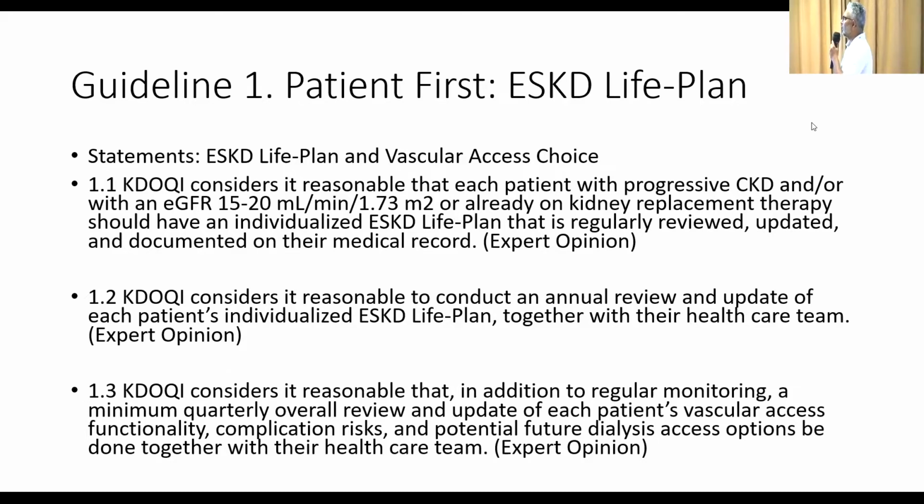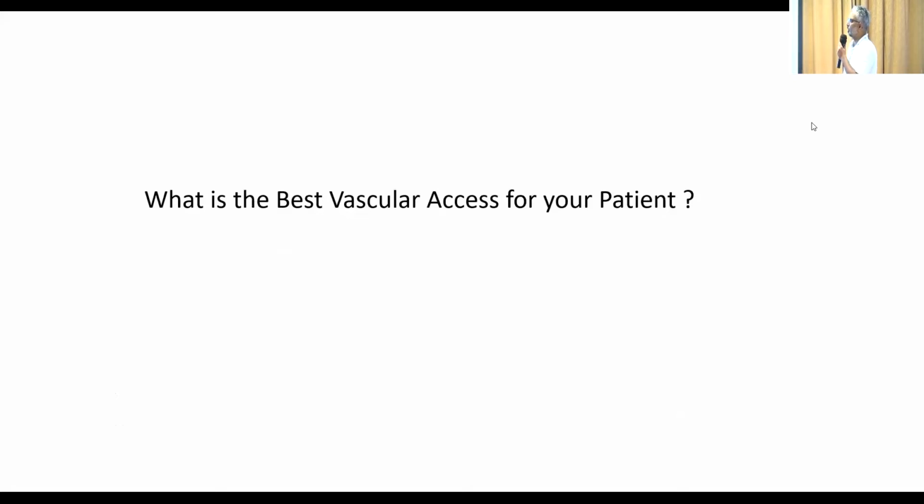And every time this vascular access plan should be reviewed with the patient and with the healthcare team. Dialysis is not done by one person. It's a multidisciplinary business. If you have a multidisciplinary team, it has again been shown to have better outcomes for patients on dialysis. And then regular monitoring of these patients is also very important.